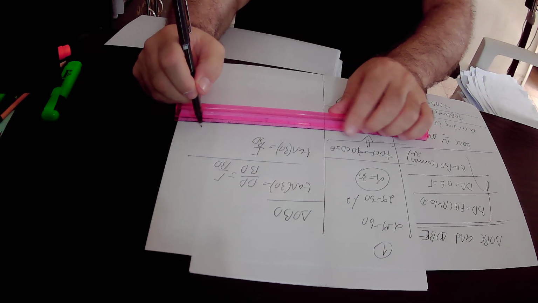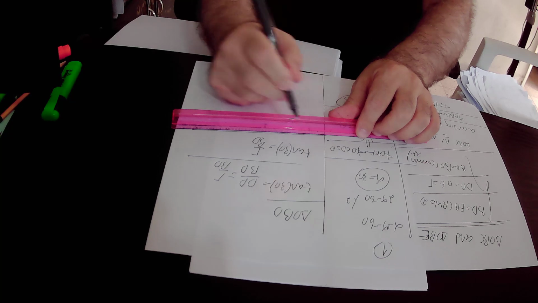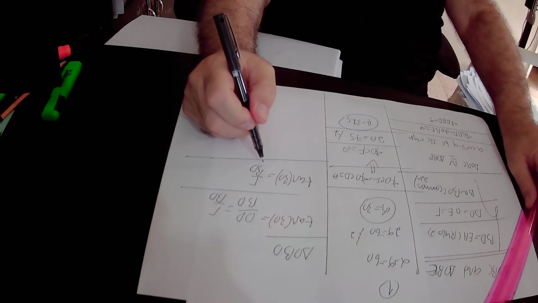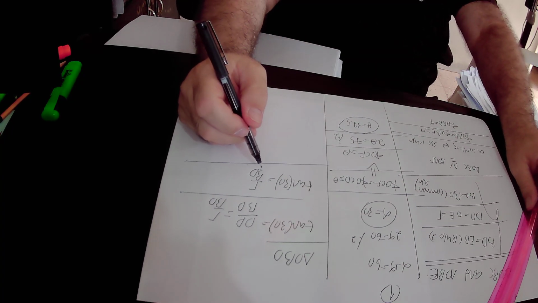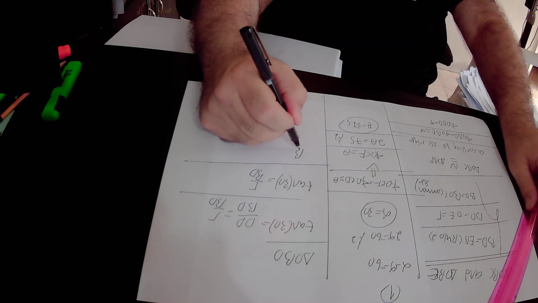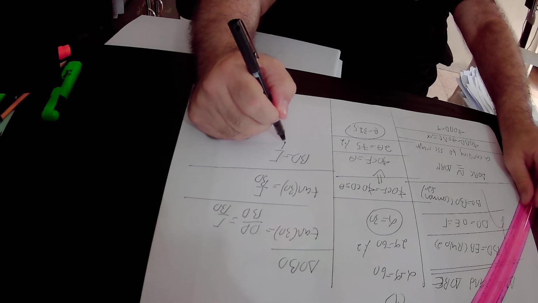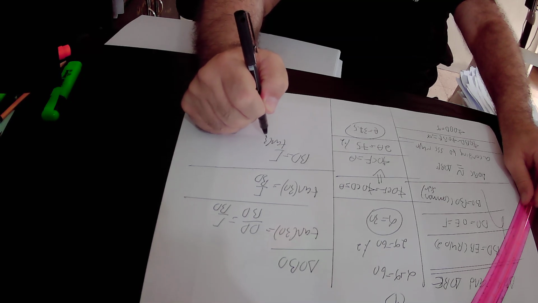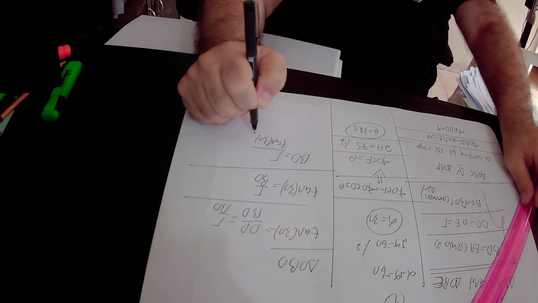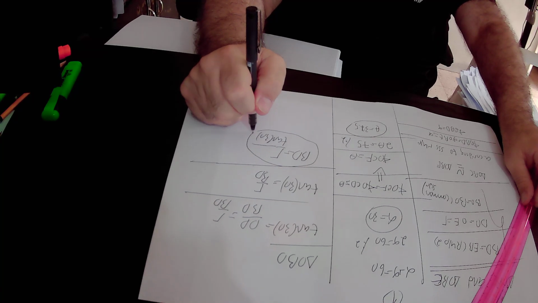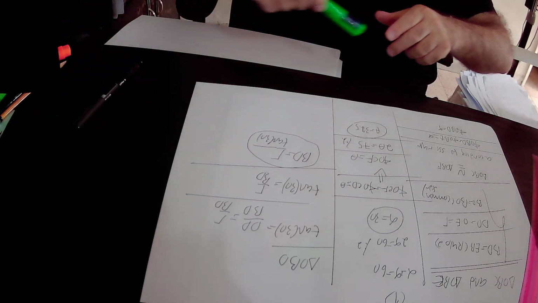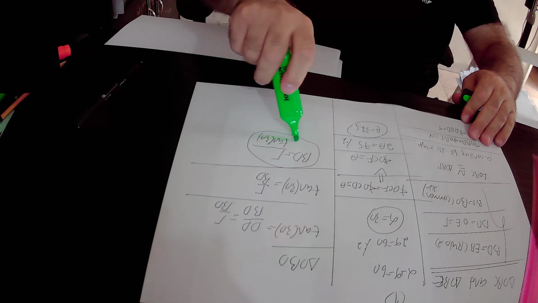Here we will multiply this equation by BD, and then we will divide it by tangent 30 degrees, and we will get that BD is equal to R over tangent 30 degrees. Okay, so I found out that BD equals R over tangent 30 degrees.